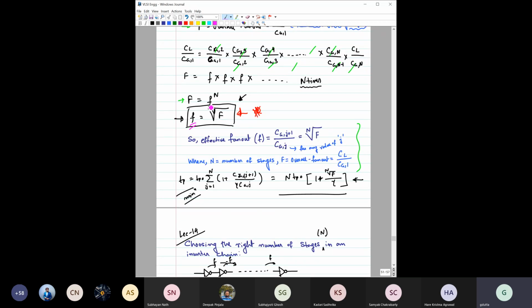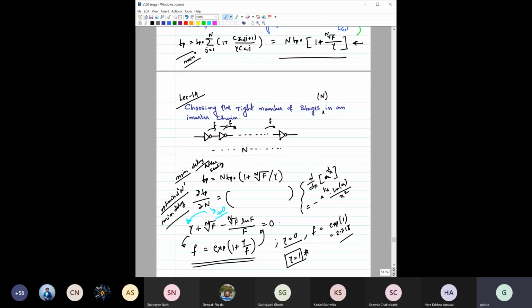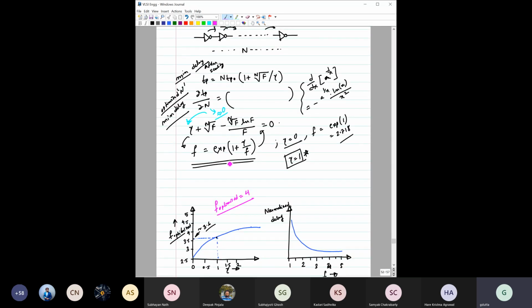Then what will be the value of this n? That value of n we have arrived from here, right? See from here, if this f optimized is nearly equal to 4, then you know what is my C1, what is my Cn, that means the first capacitance, and what is my load capacitance, right?